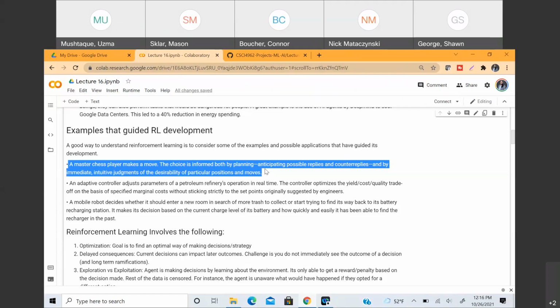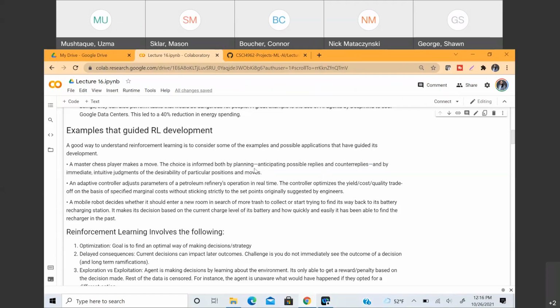So you're taking both the immediate reward and what might happen down the line into account in order to win your game, right? So that's anticipating possible replies and counter replies, and by immediate intuitive judgment, and then putting both of them together is important if you want to win that game of chess, right?